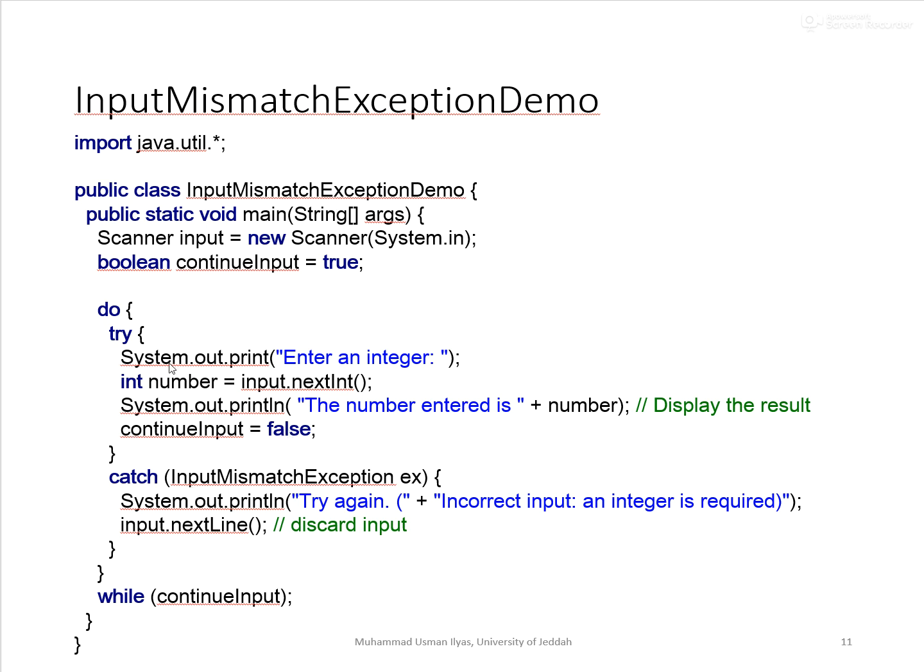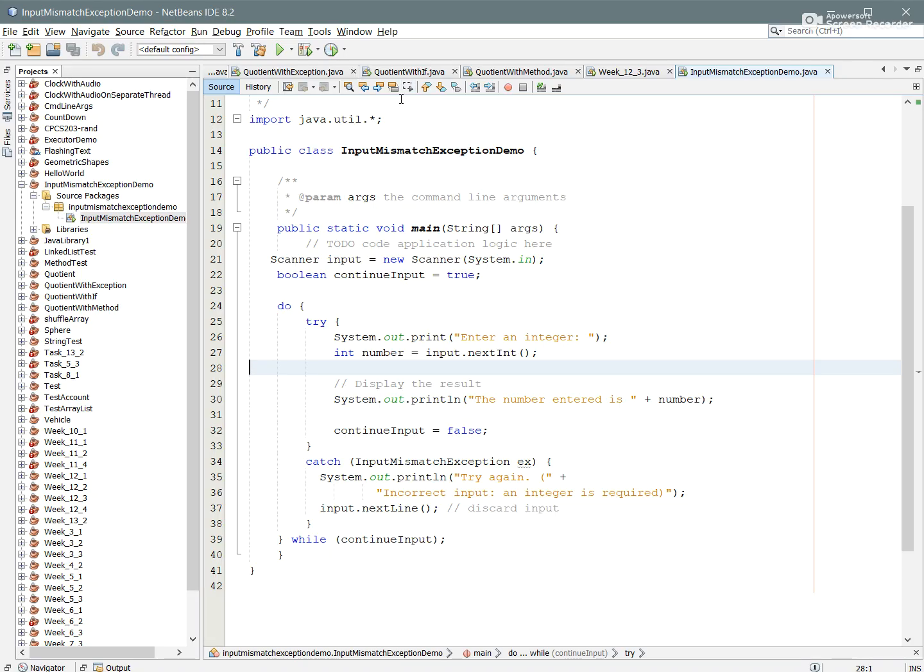So if there's an exception at this point and we jump to the catch block, continueInput is still true, which means we re-enter the do while loop, and we ask the user to try entering another integer. So let's try this out. Let's see if this indeed works the way it should.